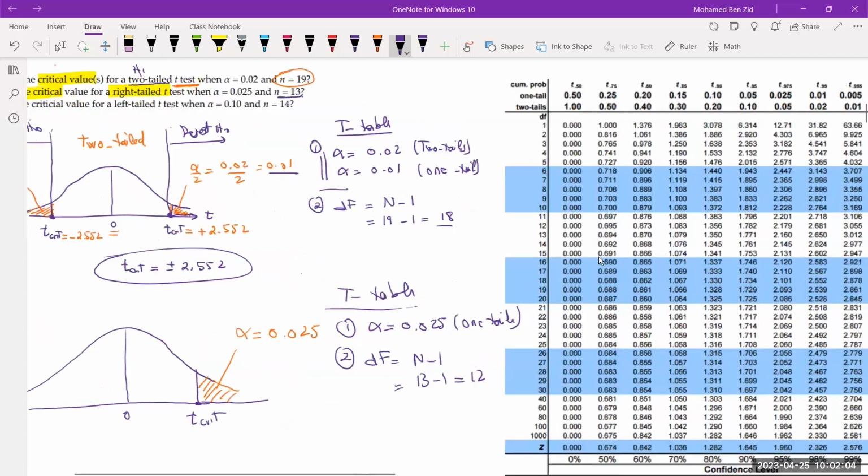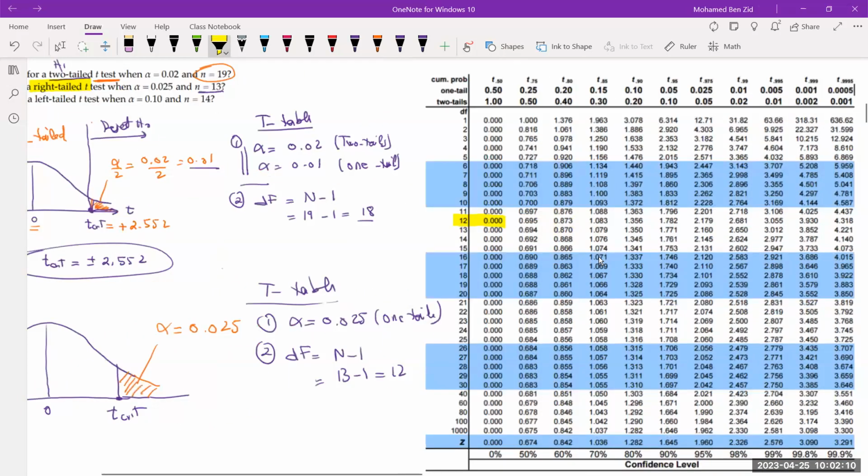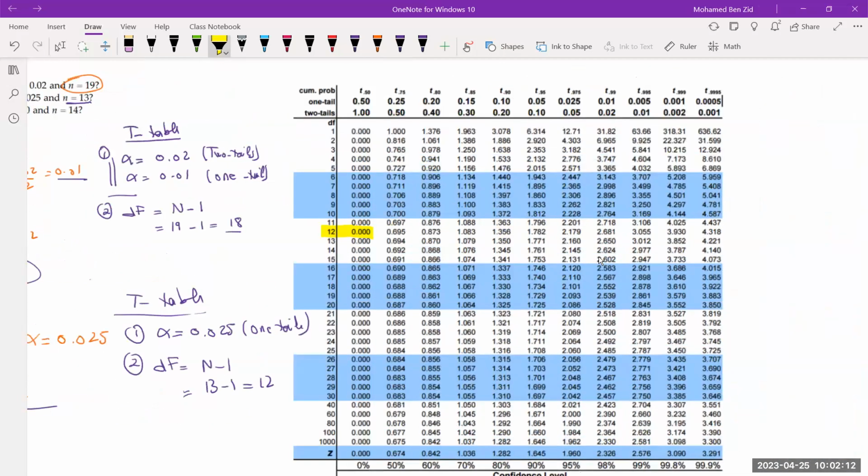Now, let's follow with the degree of freedom 12. So this is 12, and one tail is 0.025. So this is one tail, and 0.025 is going to be right here, right? I do not care about the two tails here, right? So I keep only one tail, 0.025.